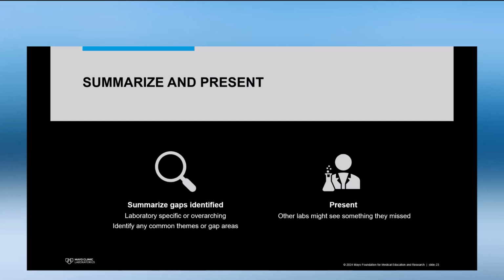And so are there any common themes identified, or is it something that's more laboratory section specific? As the quality auditor, it's our role to identify those common themes and evaluate: is there additional work needed, potentially in a future internal audit as Mindy discussed, or is there additional training needed, depending on what was identified?